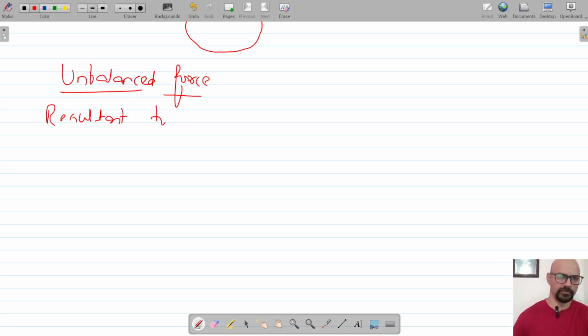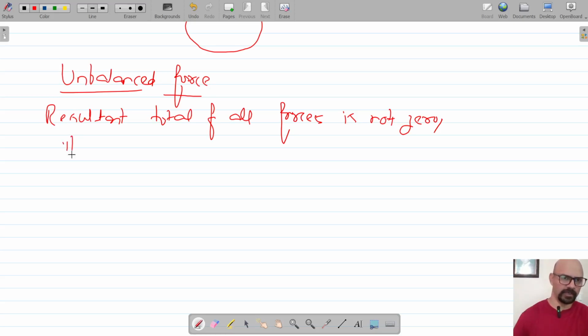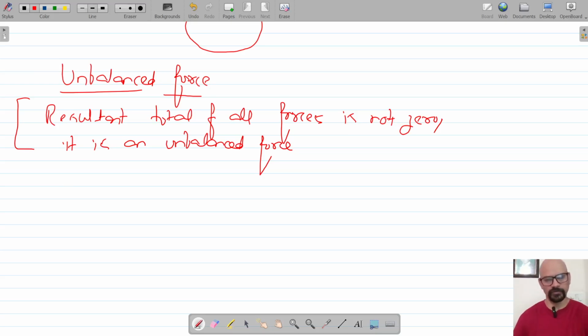So when the resultant total of all forces is not zero, we say that it is an unbalanced force. This is the definition of the unbalanced force.